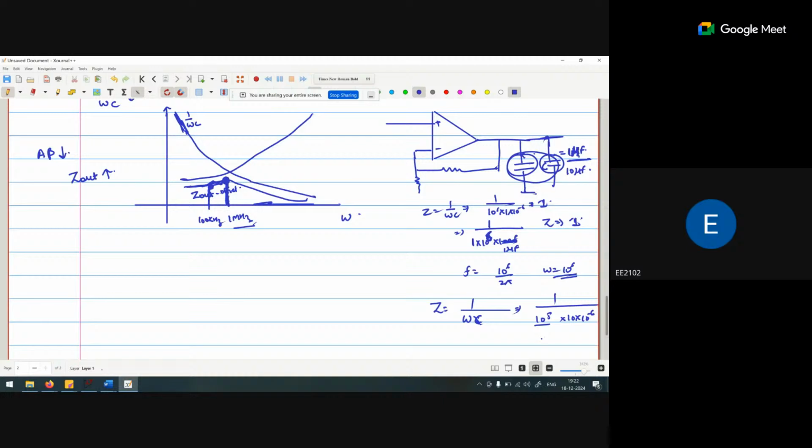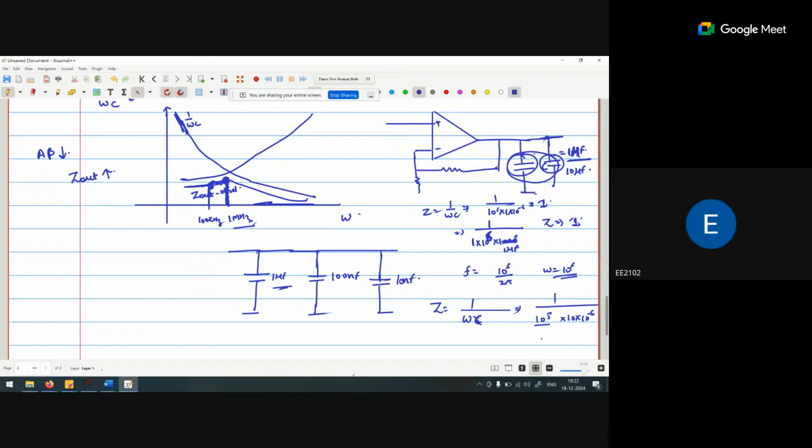If I want to increase the span more, I have to introduce more capacitors. For example, I am using one capacitor 1 microfarad, one capacitor 100 nanofarad, and one capacitor 10 nanofarad. I am using three capacitors. So the value of Z will be 1 for all.